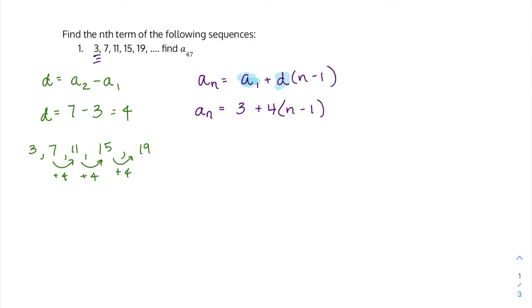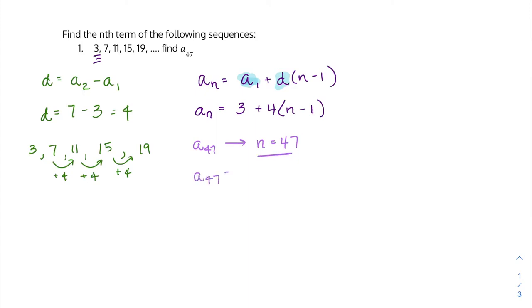So now if I want to find a47, that tells me I'm looking for the 47th term. Remember, n is your position in the sequence, so I'm looking for the value of the term in the 47th position. To find that value, I need to input n into my equation.